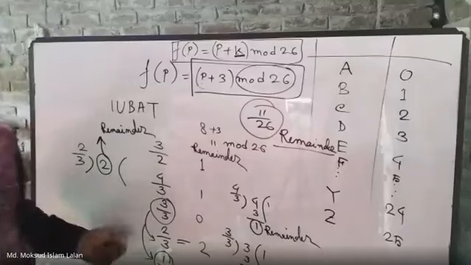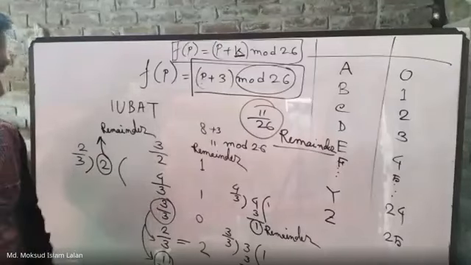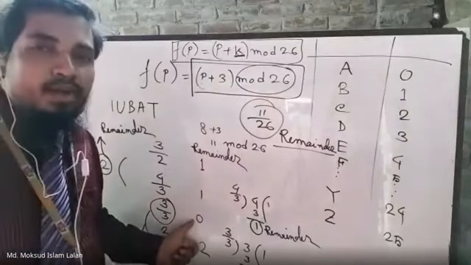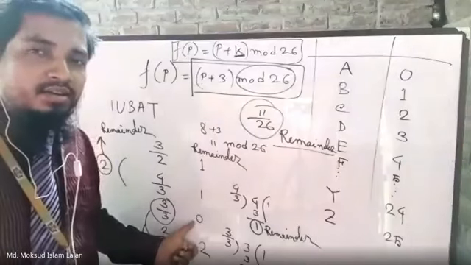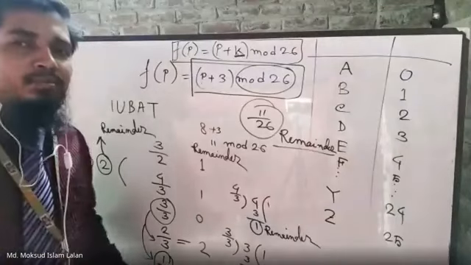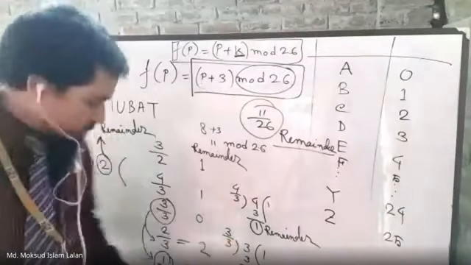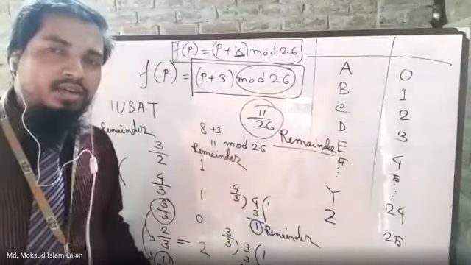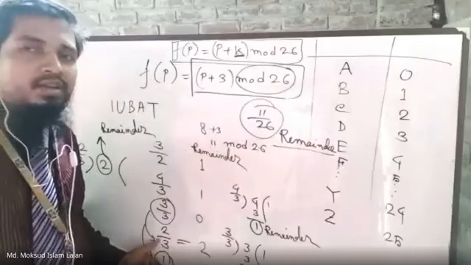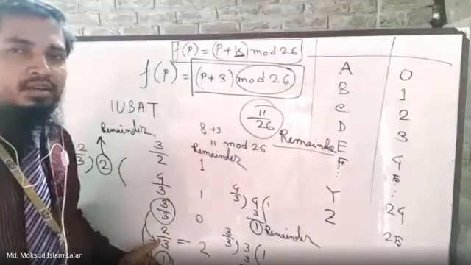So 3 divide 3, there is no remainder, so only 0 remainder. When we divide 1 by 3, it cannot be divided, so that itself is the remainder. If we divide 2 by 3, it is not perfectly divisible, right?